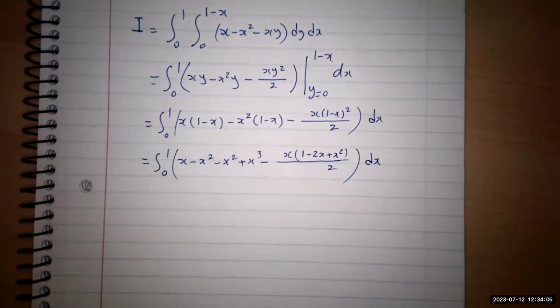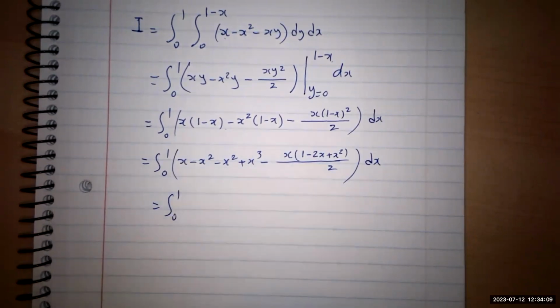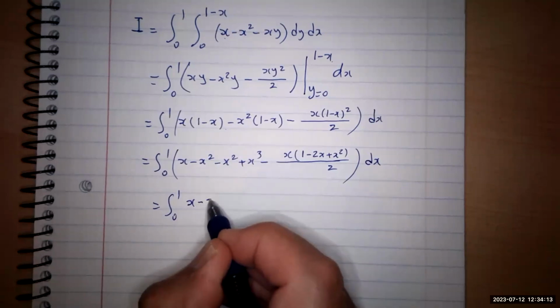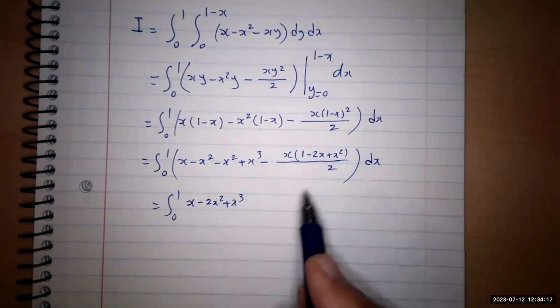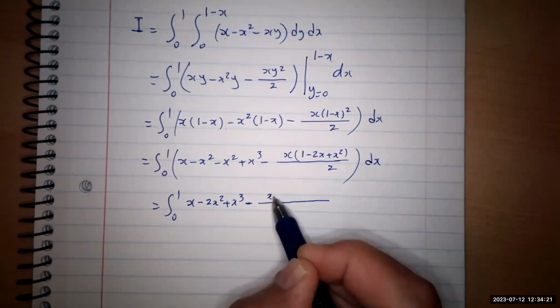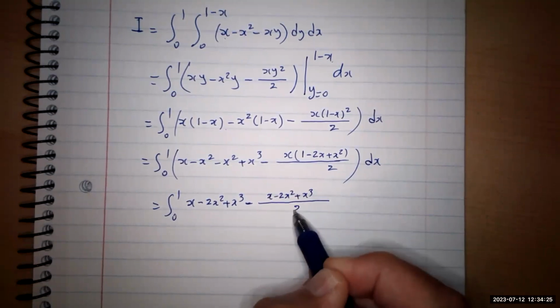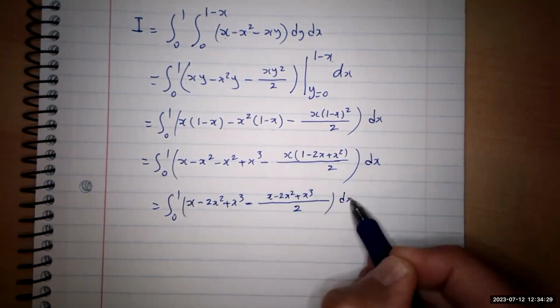Combine the like terms, simplify further. From 0 to 1. What you can do so far is x squared and x squared minus 2x squared plus x cubed. We have to multiply the top by x first. That gives x minus 2x squared plus x cubed over 2, then the dx.